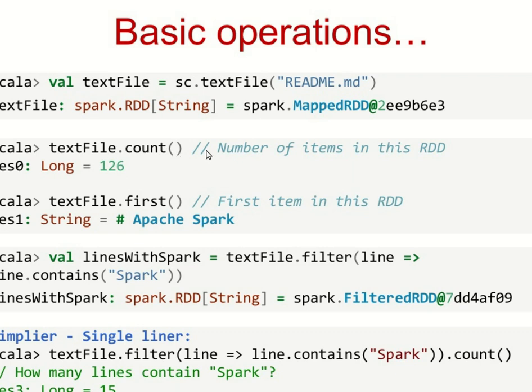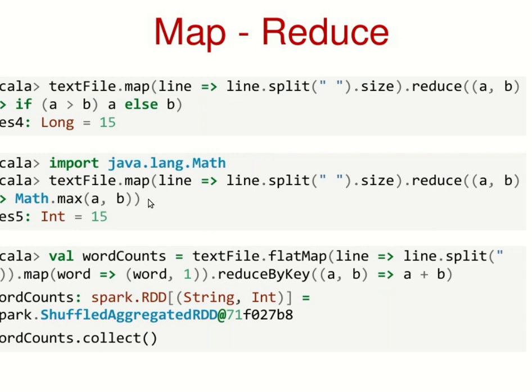Once you do a last operation, it has to actually fetch the data to you, because the internal transformations which are not count or first or collect can be concatenated in a functional way. And you can do, of course, filters and maps and all the goodies that you have on a collection. At this point, I want you to think of Spark simply as a collection library where you run many functions.